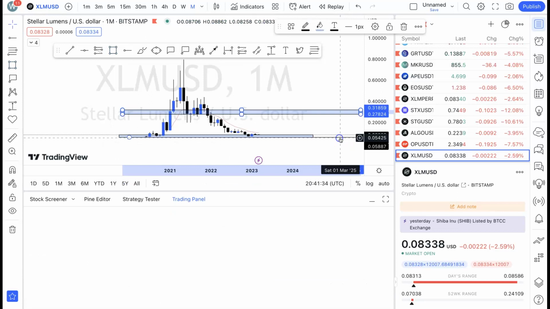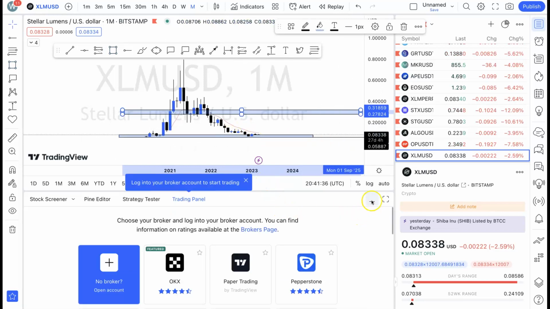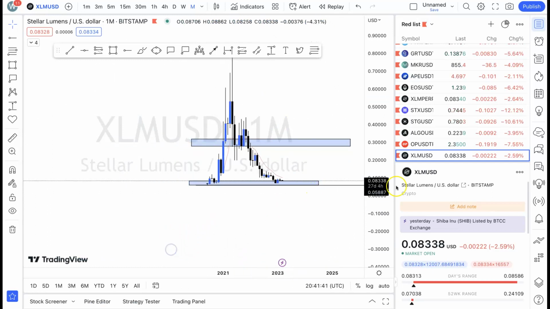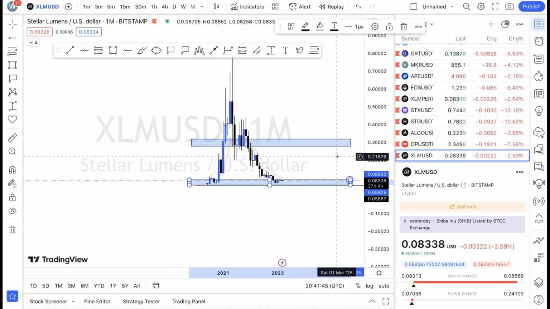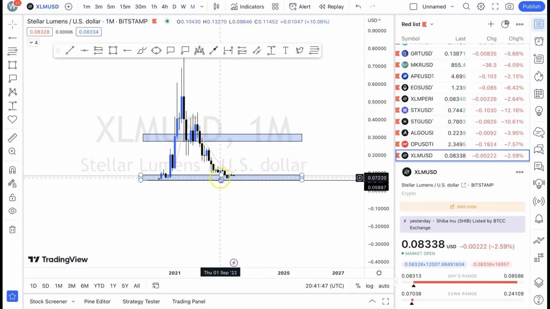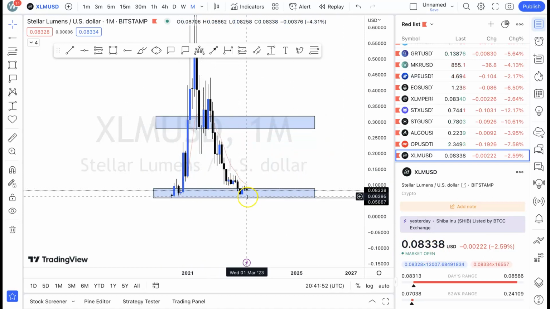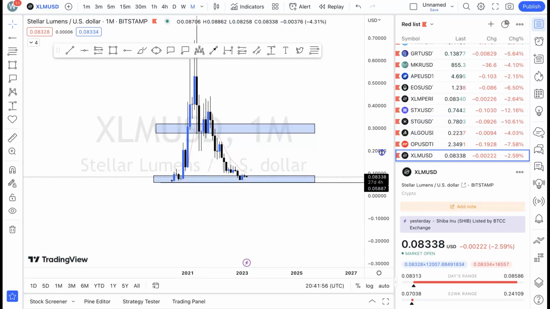Now make no mistake about it, it's not a project that I'm holding, right? I'm just analyzing based on the request that we received in the group. So if you're looking to invest in any project, XLM is at a perfect zone for entry.